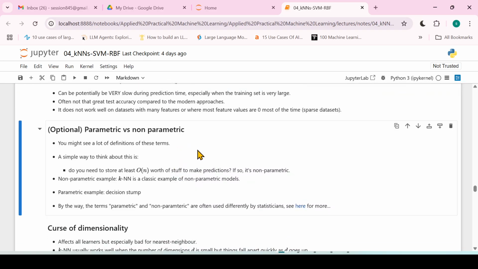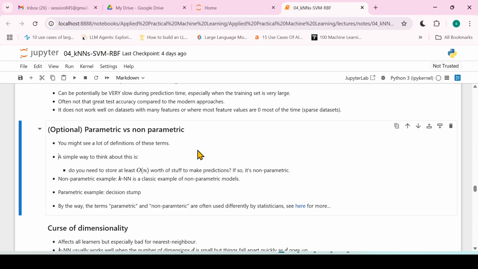Now let's talk about what are parametric and non-parametric models. There are a lot of definitions for parametric and non-parametric models, but here, a parametric model is something which gets trained during the training time. And a non-parametric model is something which calculates everything during the prediction time.